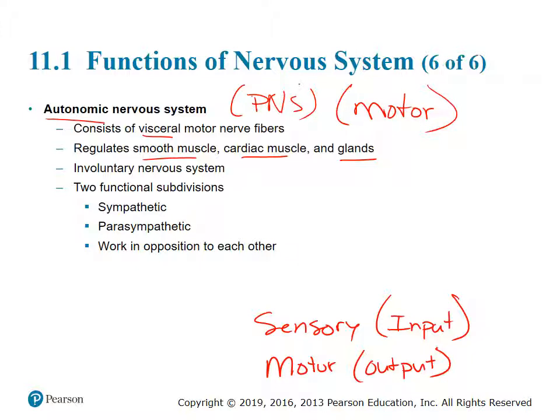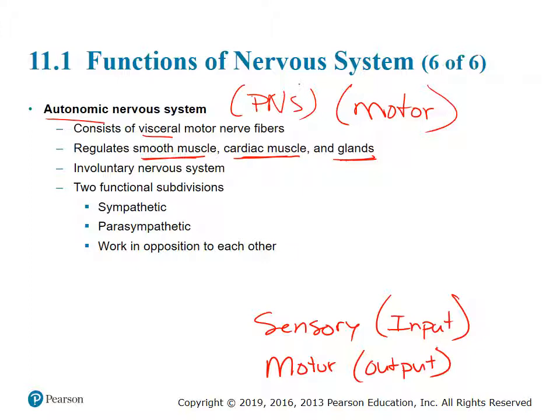Where are they outputting? The autonomic is outputting to visceral tissue, and in fact, it's the smooth muscle, cardiac muscle, and glands. You see that it's not skeletal muscle, because that is in fact voluntary control. It's a different type of muscle. Smooth and cardiac are involuntary, and the glands, of course, are involuntary as well.